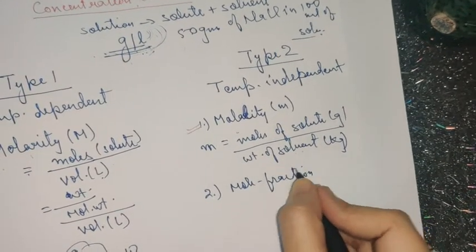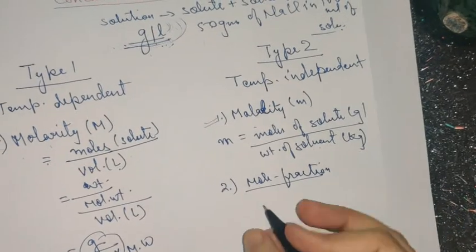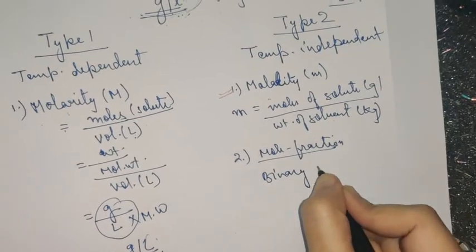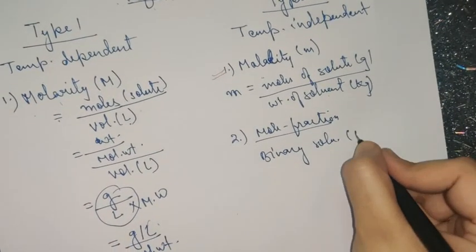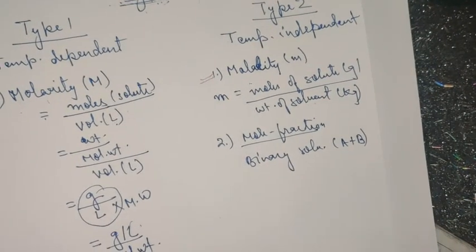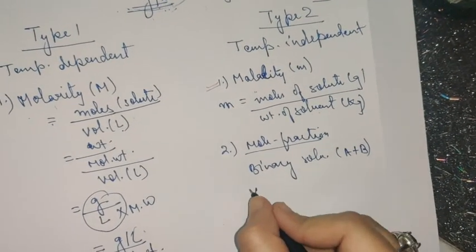Now what is mole fraction? Mole fraction means, suppose you prepare a binary solution. Binary solution means a solution made up of two components, suppose A and B, and you have to find out the mole fraction of A. How will you express it?